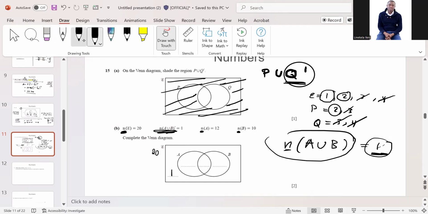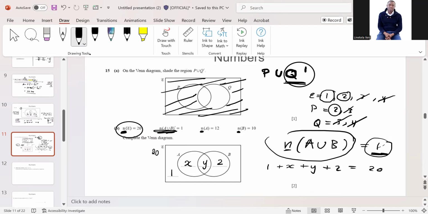Now, when you're solving some of these things and you don't know what they are, just come up with variables. Like, let this be X, let this be Y, let this be Z. You are told from the beginning, the whole thing adds up to 20. Which literally means this one outside here plus X plus Y plus Z must give me 20.